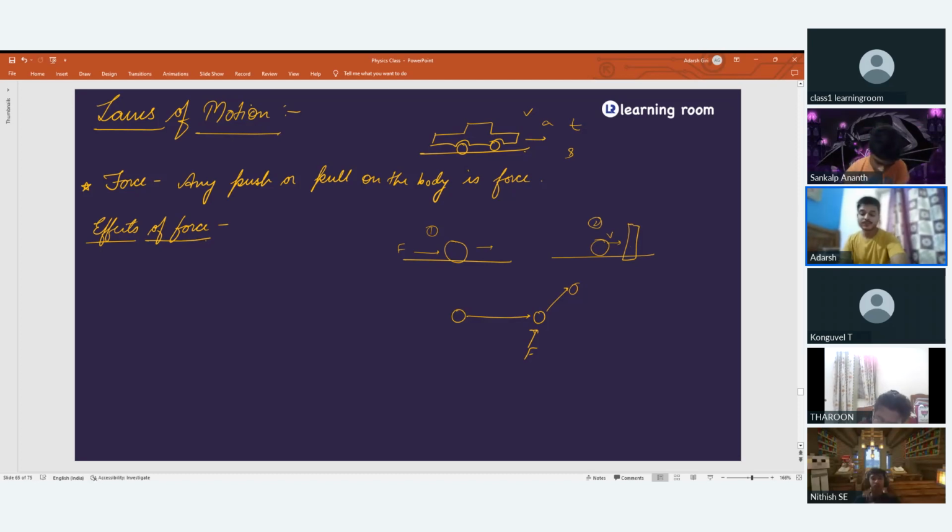So effects of force. The first thing it can do, it can change the state of rest or of motion of the body.